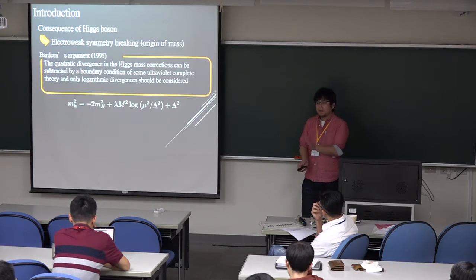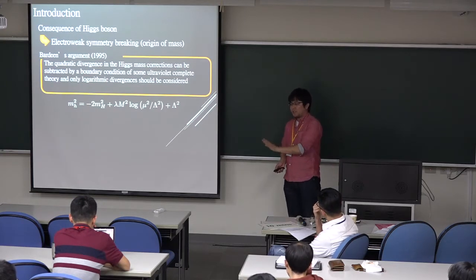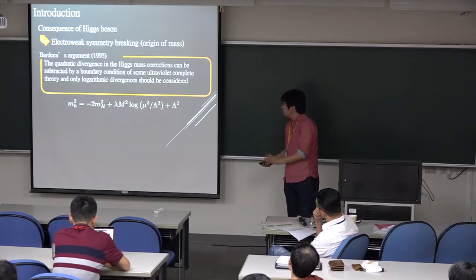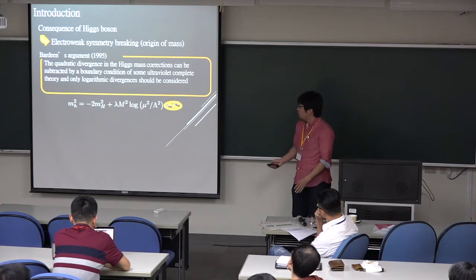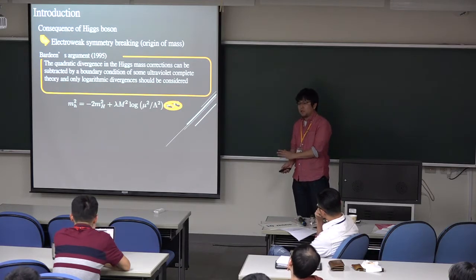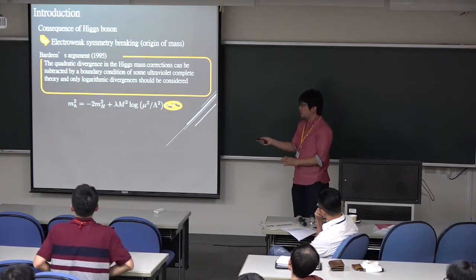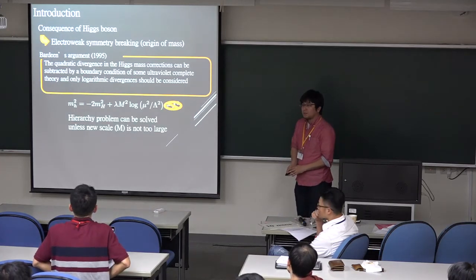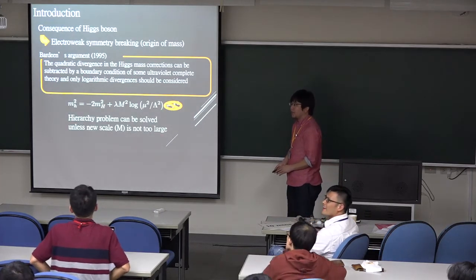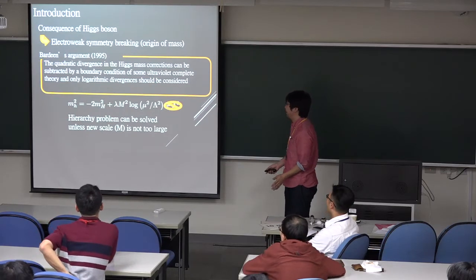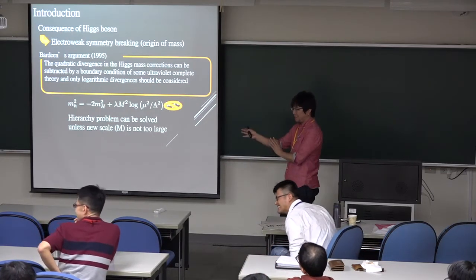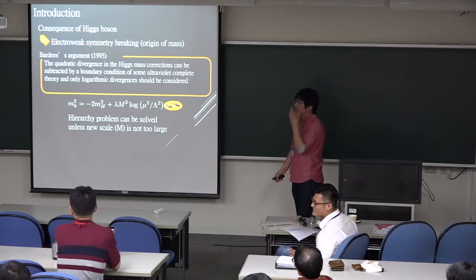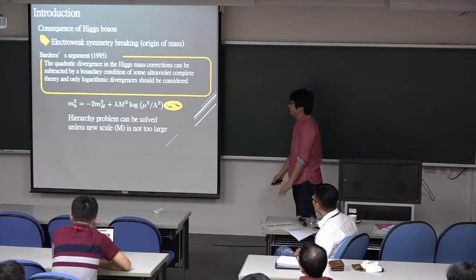Once you take that kind of boundary condition at the UV scale, you can simply neglect the quadratic divergence here. The most important thing for the correction is the physical scale, like this one. This is just an assumption, not any principle. Yeah, right, it's a kind of boundary condition.